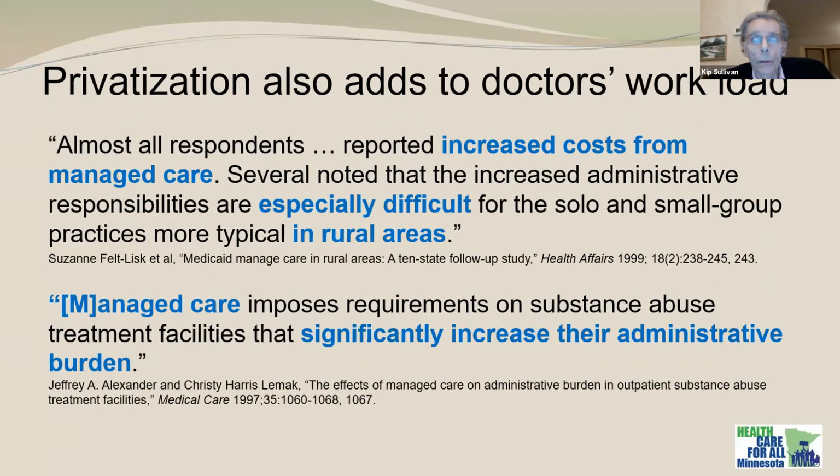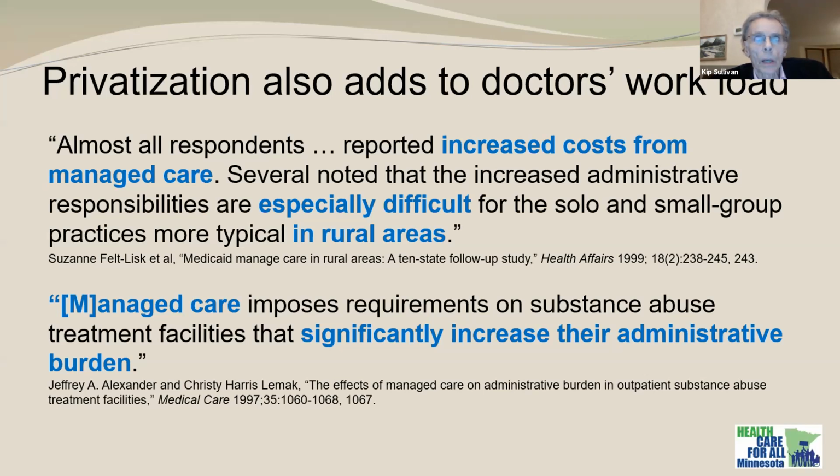And the increase in administrative costs doesn't stop there. Not only does the taxpayer pay more now for HMO administrative costs, and more because DHS has to spend more to regulate the HMOs, privatization drives up provider costs, doctor and hospital costs. Here are two reports to that effect.